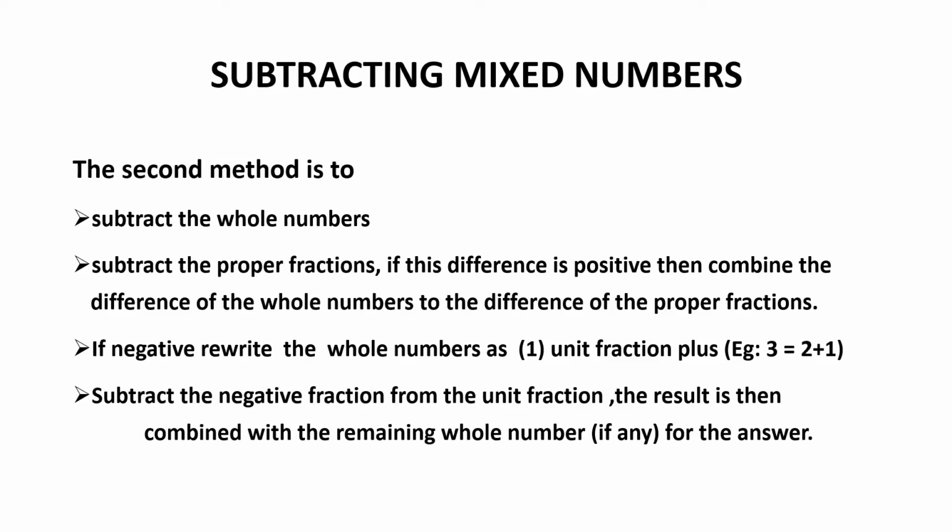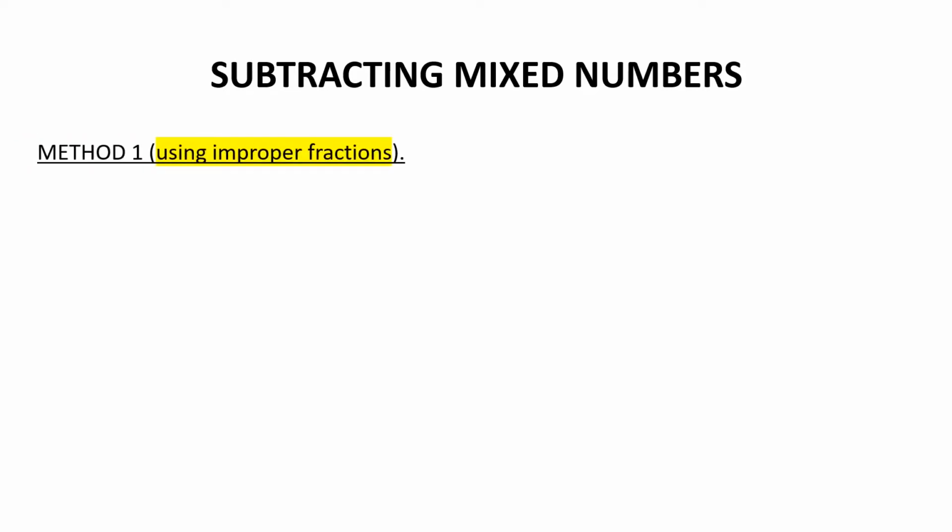We are going to explore some examples next. The first method, using improper fractions. These are the two mixed numbers, 2 1/2 and 1 1/3. First of all, I have to convert them to improper fractions.